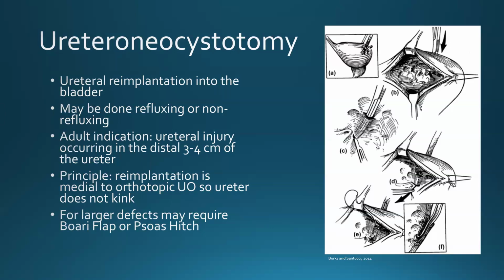Importantly, remember that the reimplantation is done medial to the orthotopic ureteral orifice, so that the ureter does not become kinked by trying to do the anastomosis lateral. There's a chance that you can inadvertently precipitate an angle to the ureter that may cause it to kink. And for larger defects, this can be performed concomitantly with a Boari flap or a psoas hitch.